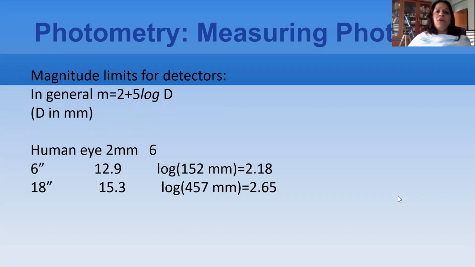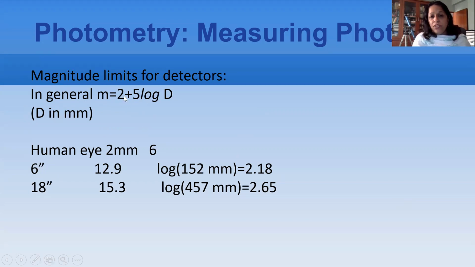And there's a simple formula which gives you the conversion. In general, for a telescope, the limiting magnitude you will go out to would be approximately 2 plus 5 times log of D, where D is in millimeters. So once again, the 6-inch is about 152 millimeters, which gives log as 2.18.